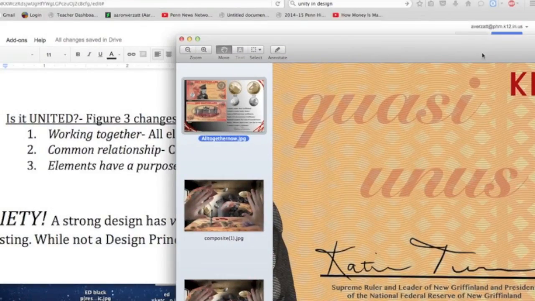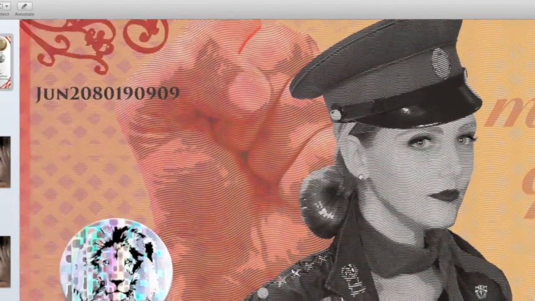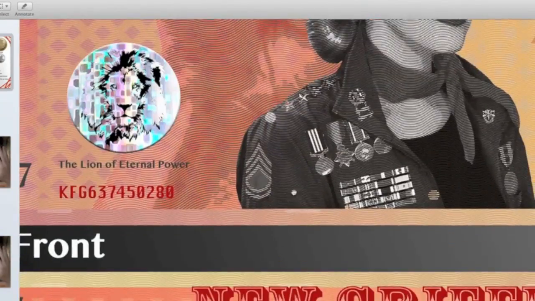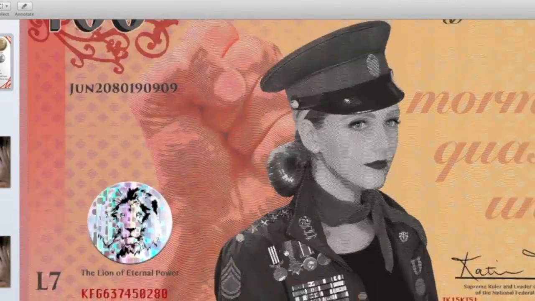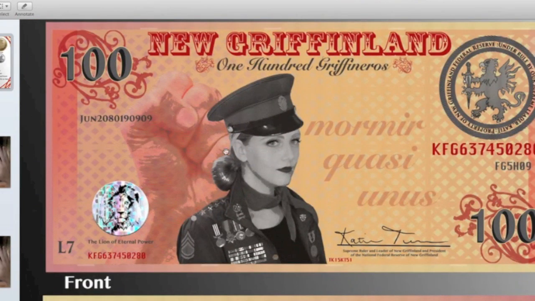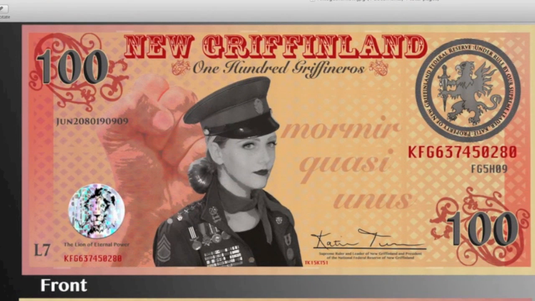How about use of pattern? Is there unity with the use of pattern in this? So unity is not too hard to do until the things start to work against each other. I think in terms of unity, this goes into what was said earlier in the critique. See, she's very black and white, but there's nothing else in here that's black and white or black and gray, right?